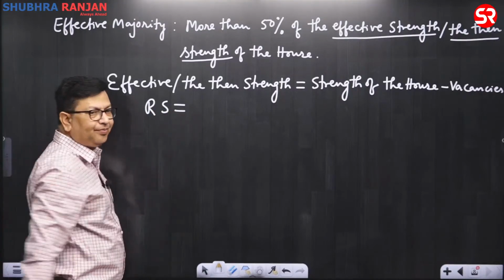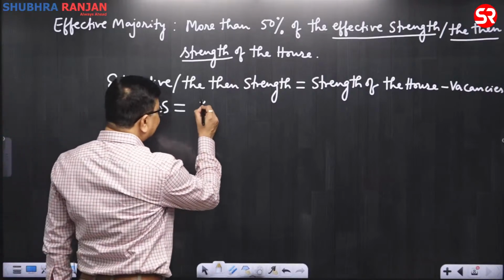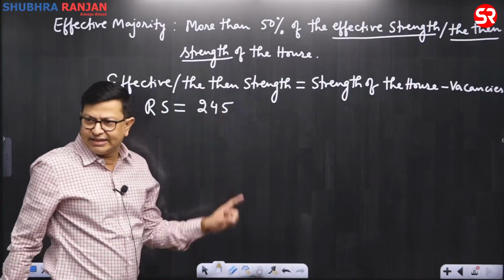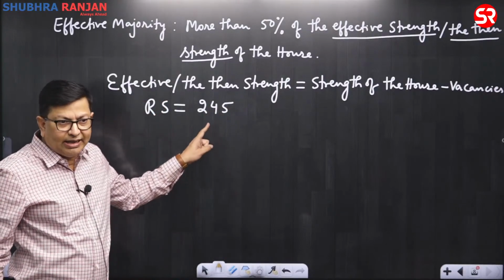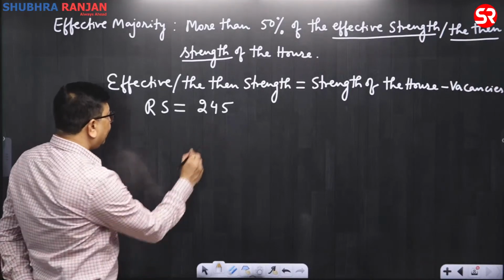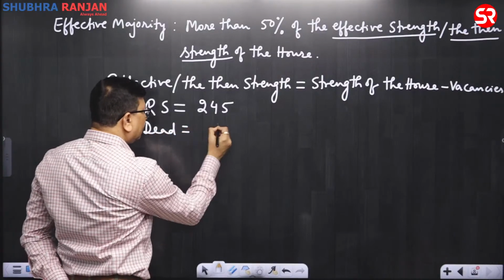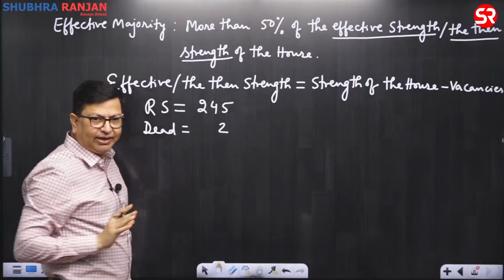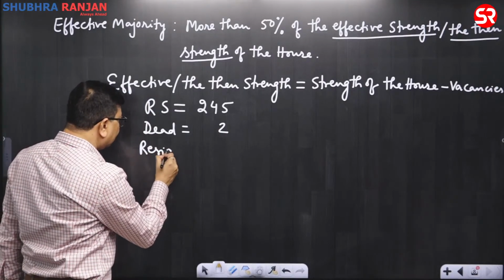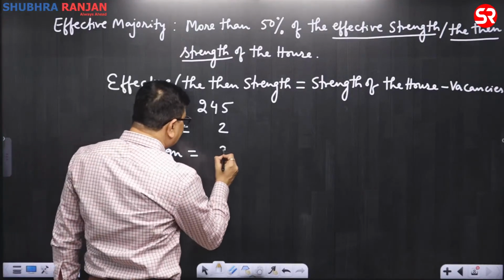Rajya Sabha. In the Rajya Sabha, the strength is 245 members. This is the total strength. This is the number that we had taken in case of absolute majority. But here suppose two members may have died. Three members may have resigned.